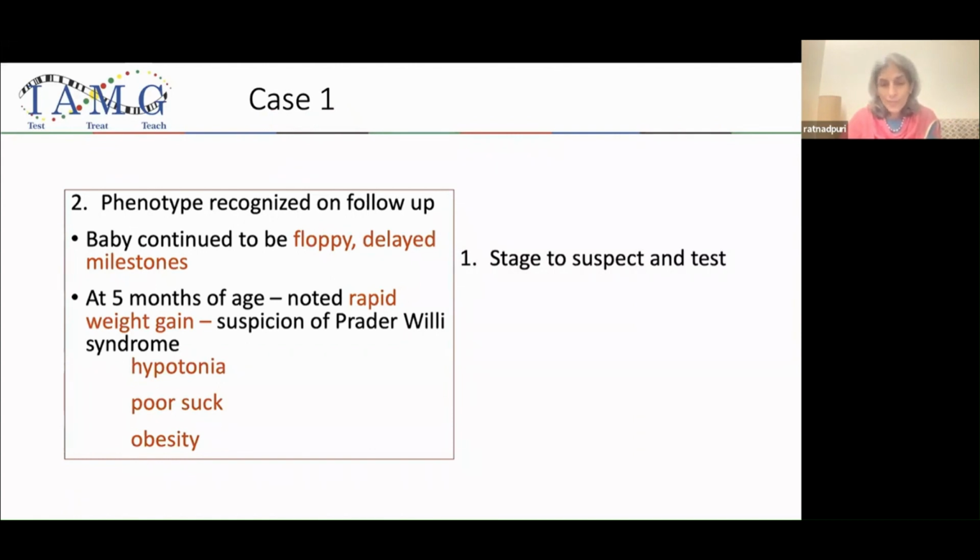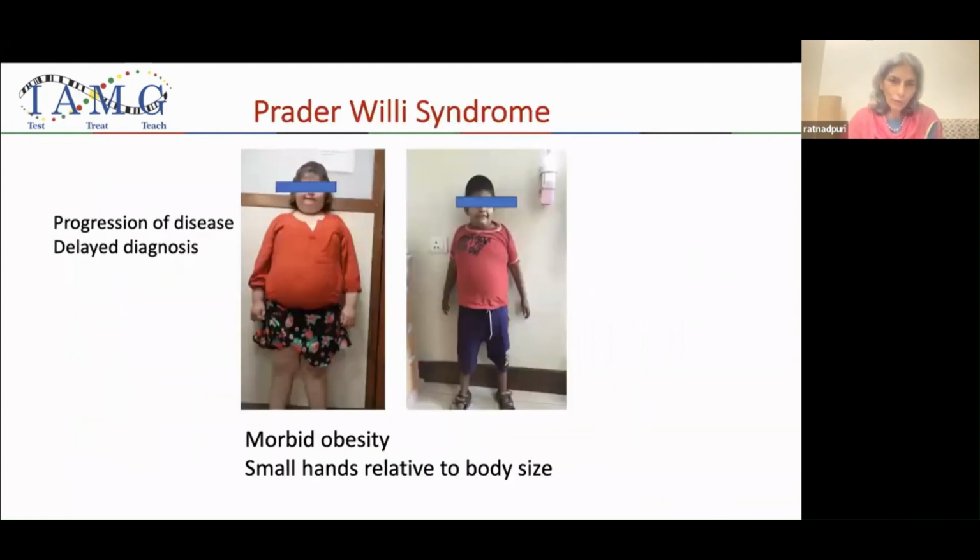So, what we learned from this case was that the stage to suspect and test for Prader-Willi is the neonatal period and not on follow-up, because now we recognize that where a baby is born good for weight but is floppy, has poor reflexes, is not very dysmorphic because it's difficult to identify the significant dysmorphism of Prader-Willi in the neonatal period, and the child has a poor suck and feeding problems, Prader-Willi syndrome can be suspected and tested for.